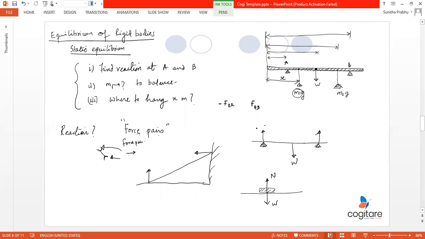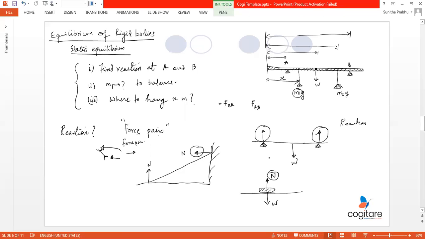So these kinds of forces which are offered are called reaction forces. This is also called reaction. See here, this is perpendicular to the plane. In fact, this is called normal reaction. This also is called normal reaction.